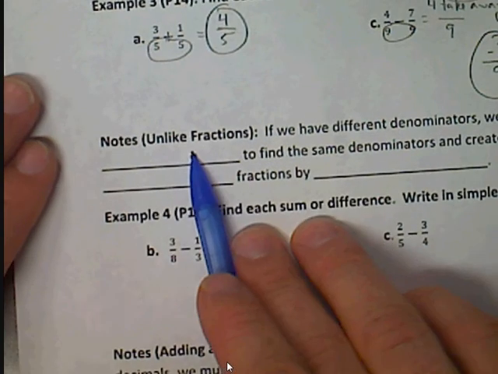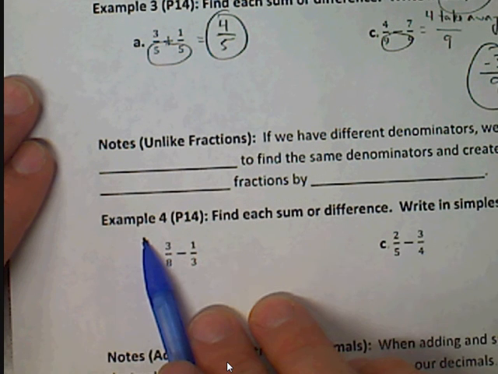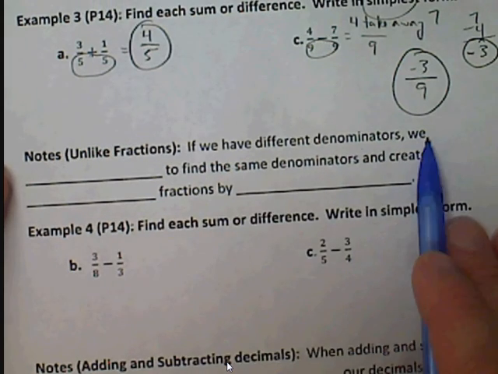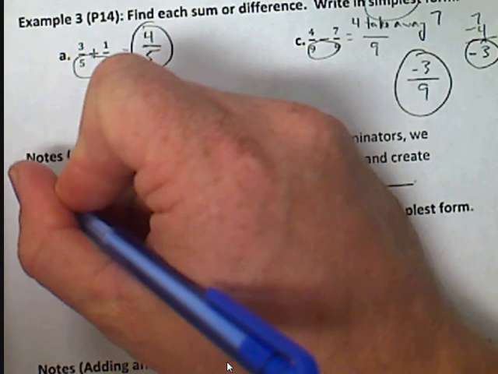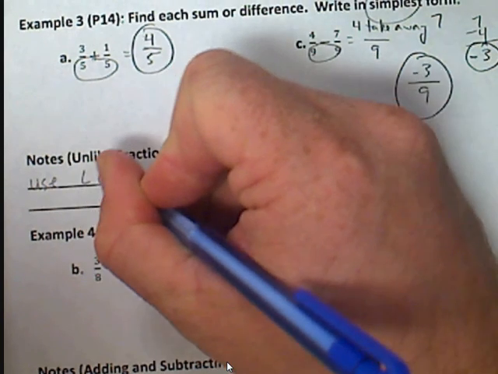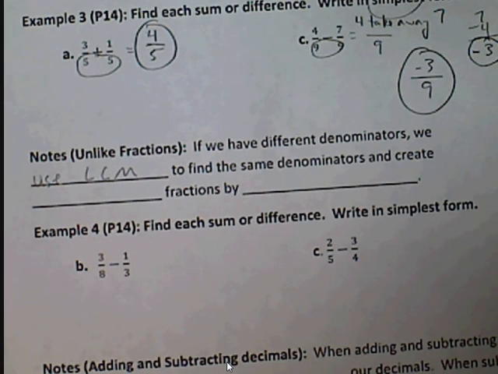Unlike fractions. This is before example 4. If we have different denominators, we use LCM. LCM stands for least common multiple.